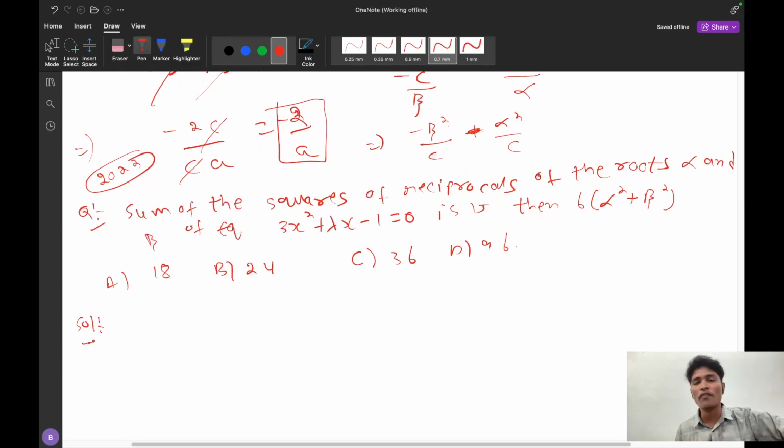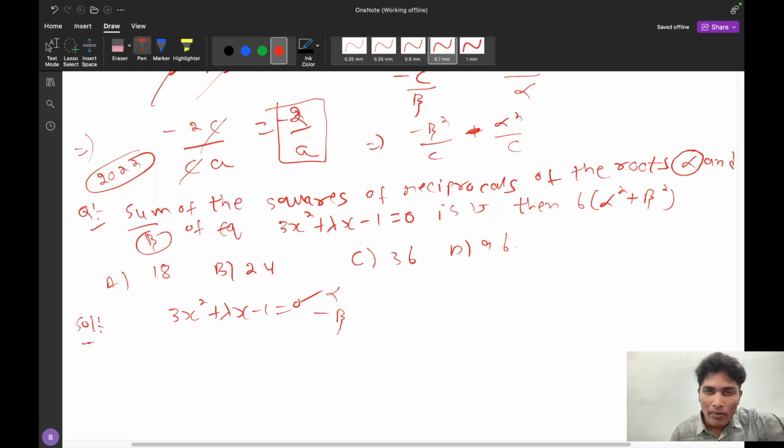So now we have to find the solution. What they're asking: they have given the sum of the squares of the reciprocals of the roots. Simply understand the language of the question. Alpha and beta are the roots of this equation, 3x square plus lambda x minus 1 equal to 0. This equation has the roots alpha and beta. And they are saying the sum of squares of the reciprocals of the roots.